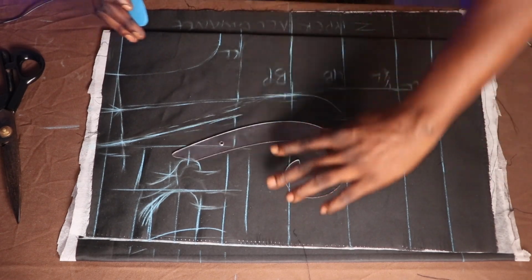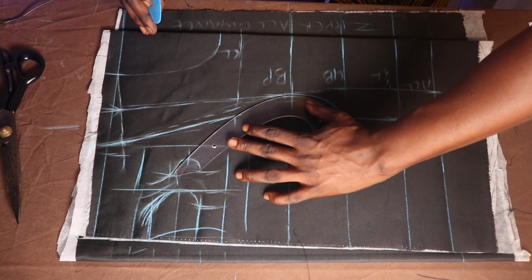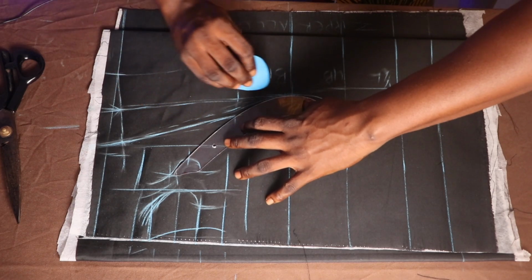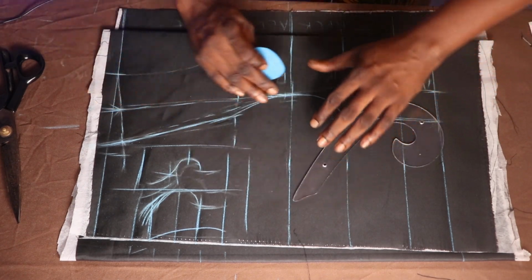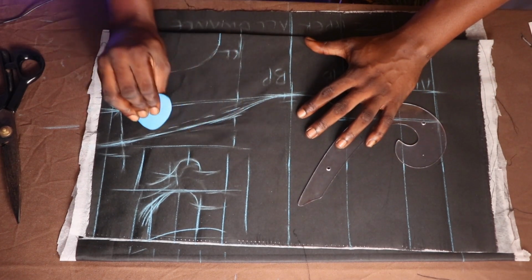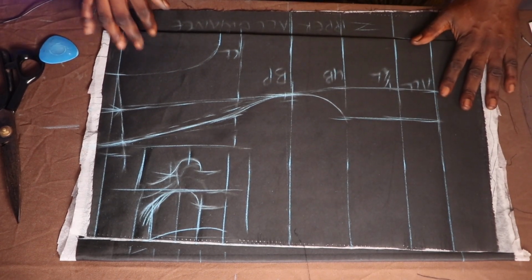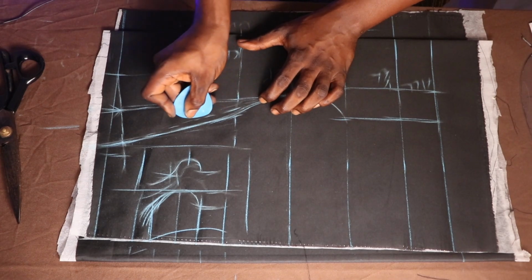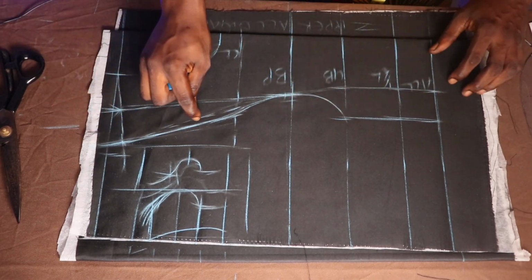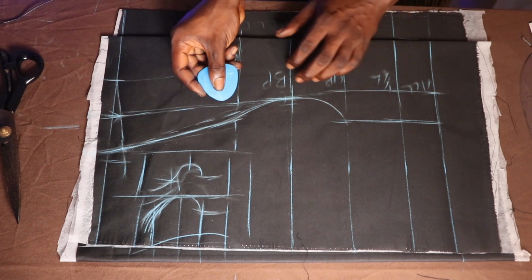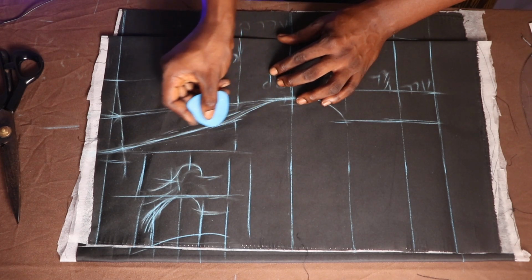Then you can use this to blend. So you can see there's a difference. This ½ inch, you want to get rid of some fabric.